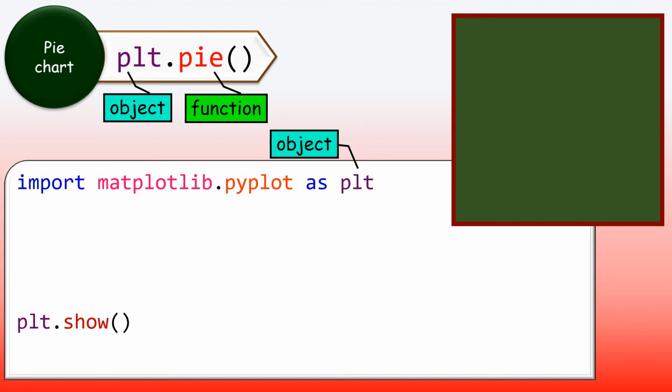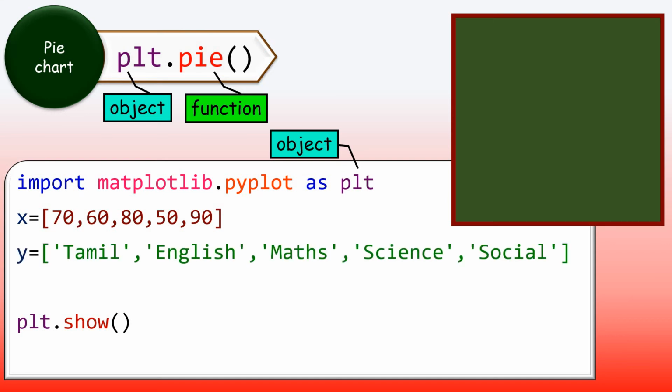So I take a variable x with a list of 5 values: 70, 60, 80, 50 and 90. And the second parameter, I am giving the labels for each of these slices. y is equal to, I am using subject names as the labels: Tamil, English, Maths, Science, Social.